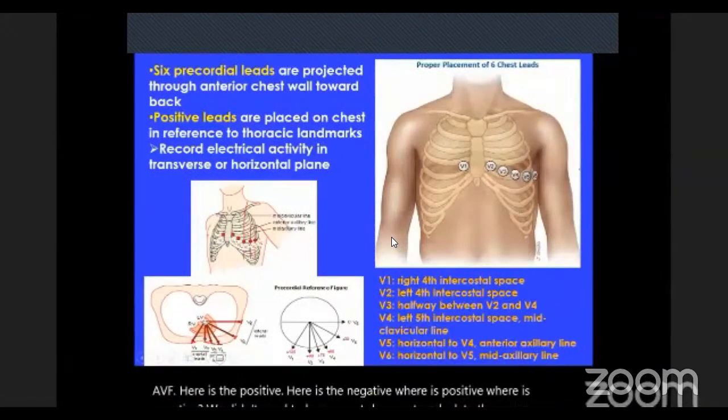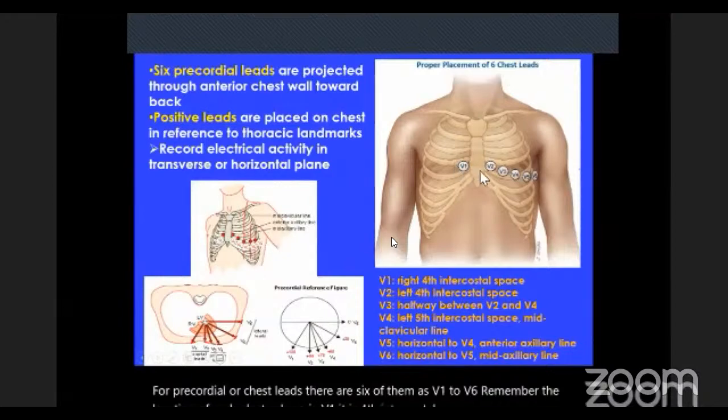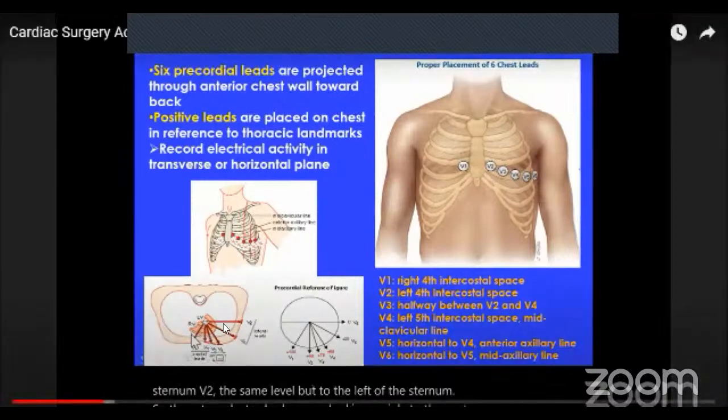For precordial or chest leads, there are 6 of them, as you know, V1 to V6. Remember the location of each electrode. V1 is the 4th intercostal space to the right of the sternum. V2 is at the same level, but to the left of the sternum. These 2 electrodes are looking mainly at the septum and also at the right ventricle.